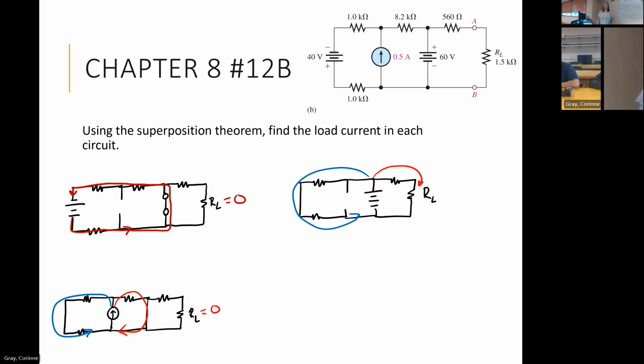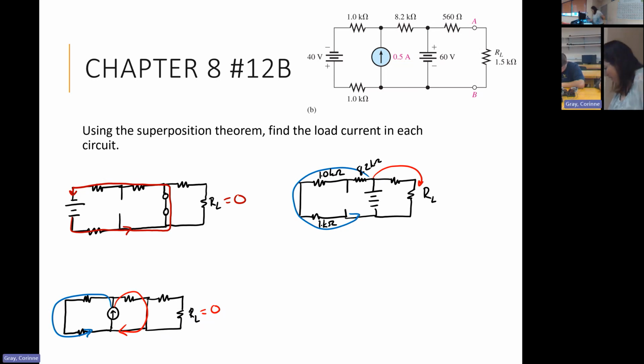So with this here, what do we know about our 1 kilo ohm and 1 kilo ohm, and the 8.2 kilo ohm? What do we know about these three resistors? They're in series.